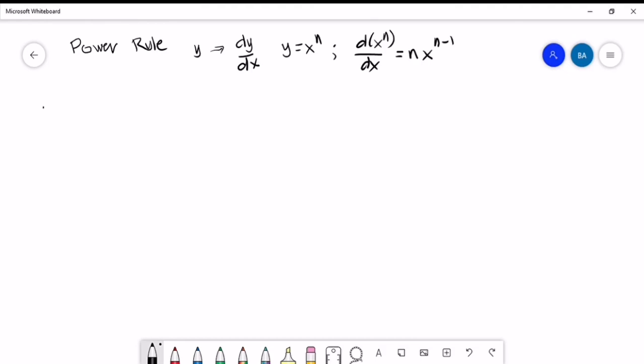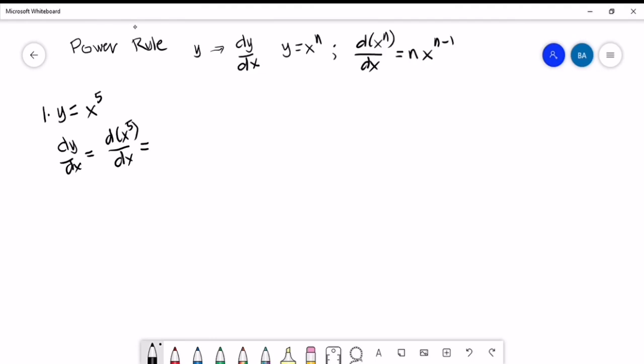If we're going to find some examples, say our function is y is equal to x raised to 5. If we're going to find the derivative, dy over dx, or the derivative of x raised to 5 with respect to x, we could use this theorem.